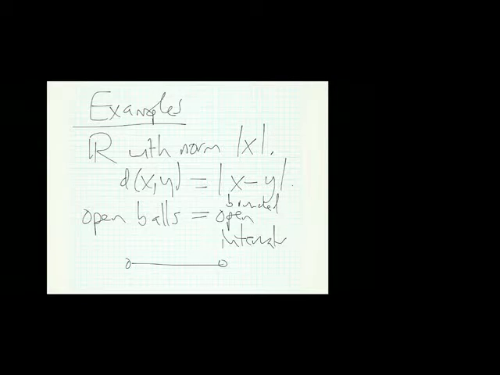And this works in R2 as well. This is exactly what we saw in R2. So, well, we have to say, even first of all, what do we mean by adding points in R2? That's worth saying. So how should we add (x1, y1) and (x2, y2)?